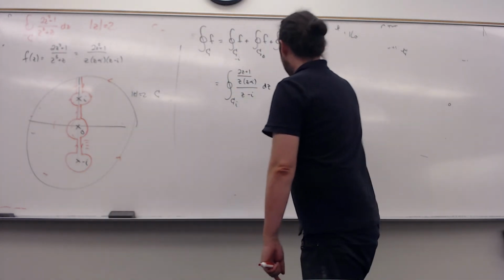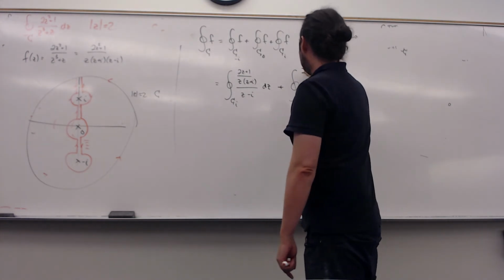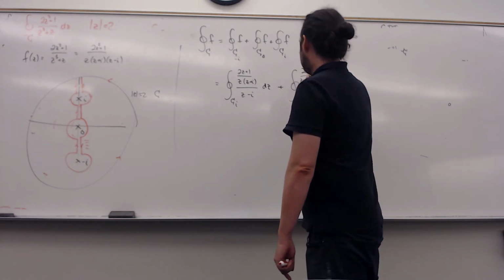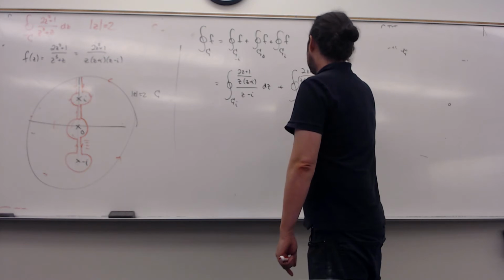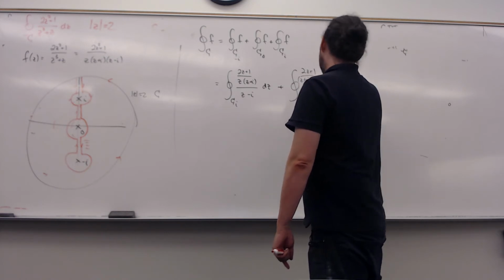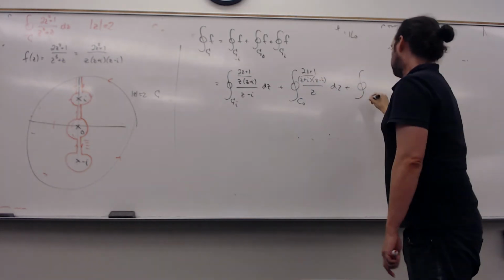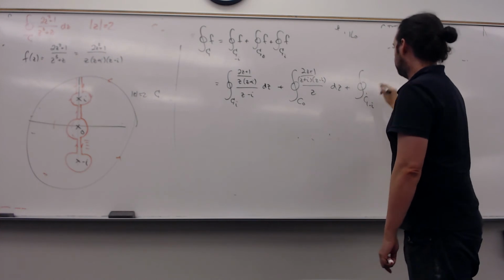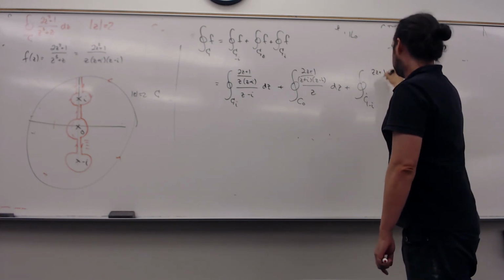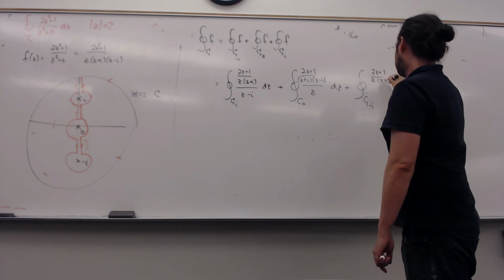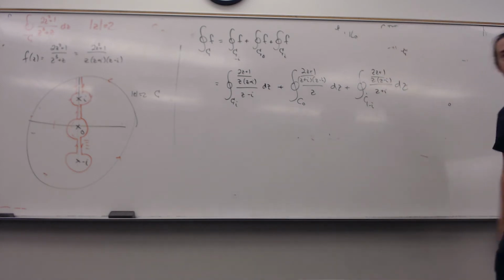And this is going to be an integral around C_0 of (2z plus 1) over ((z plus i)(z minus i)) over z dz. And this will be an integral around C_minus i of (2z plus 1) over z times (z minus i) over (z plus i). Why did I arrange it that way?